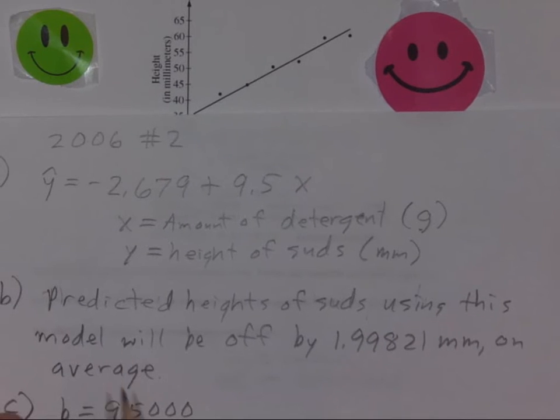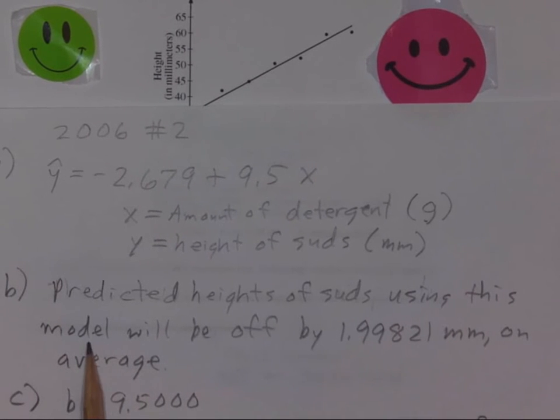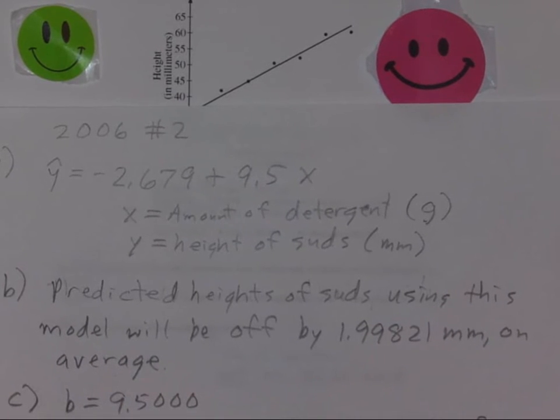But anyway, intuitively, it's the average amount our predictions are going to be off. And so interpreting in context, we would say predicted Y values or predicted heights of the suds using this model will be off by 1.99821 millimeters on average. So it's the average amount our predictions are going to be off, but you have to say it in context. And so that's how you would answer that problem.